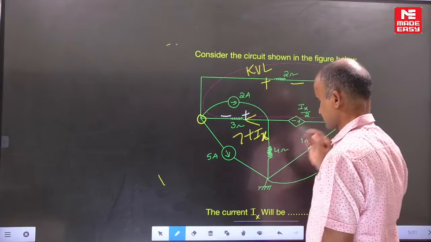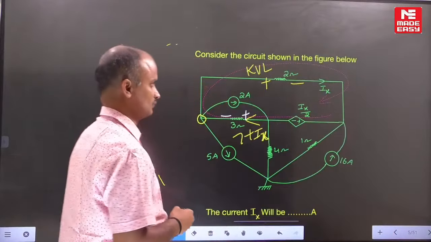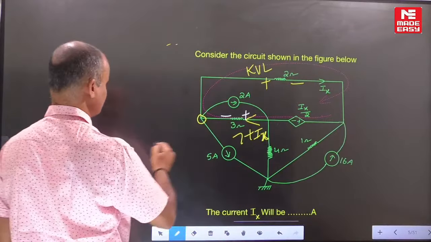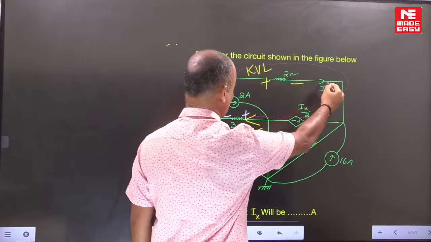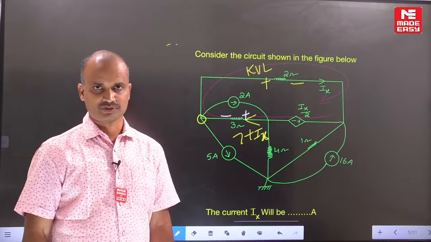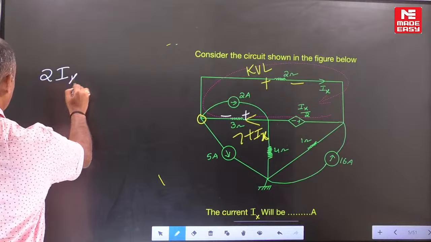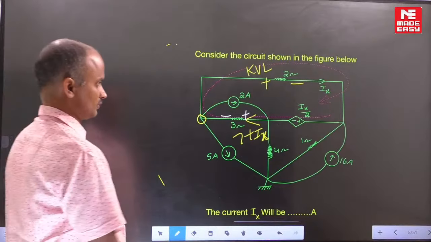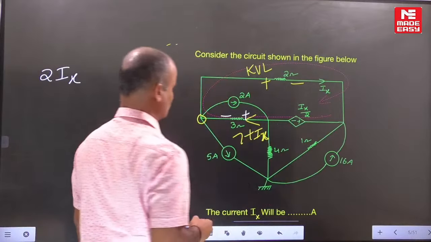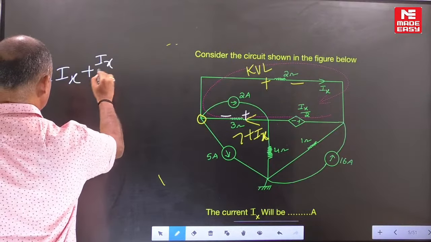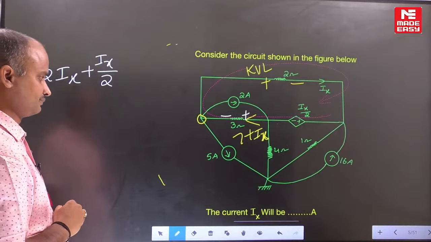Check it. If you write the KVL equation, let us start from here. Higher potential to lower potential is a voltage drop. The resistance value is 2, and the current circulating is Ix, so 2 Ix. Again here, higher potential to lower potential voltage drop: Ix by 2.